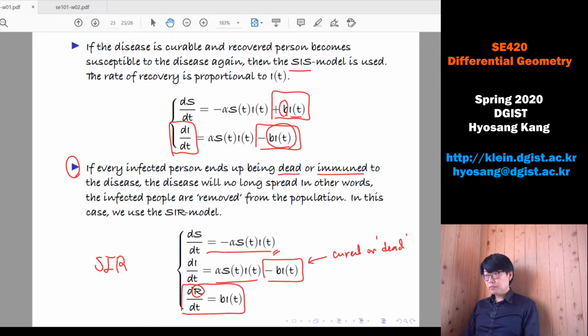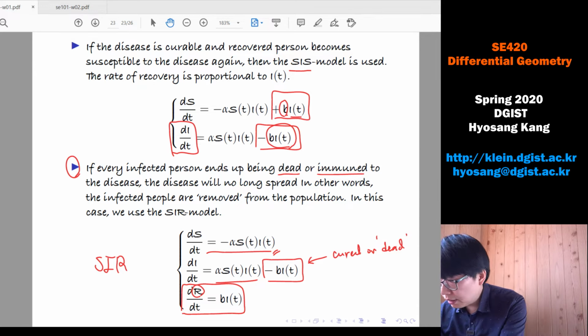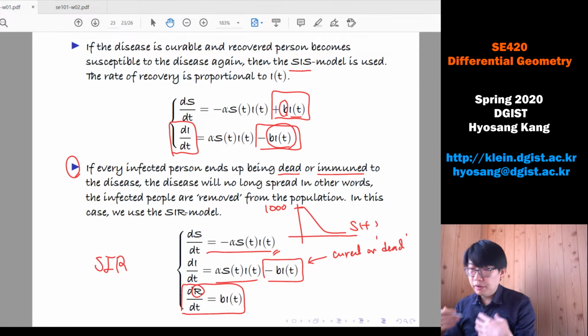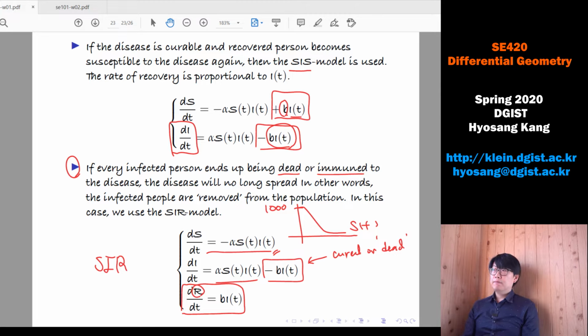So if the situation is getting stabilized, then susceptible people start from the total population, say 1,000, and later it has to go to zero at some point, because everyone is susceptible in the beginning, right?